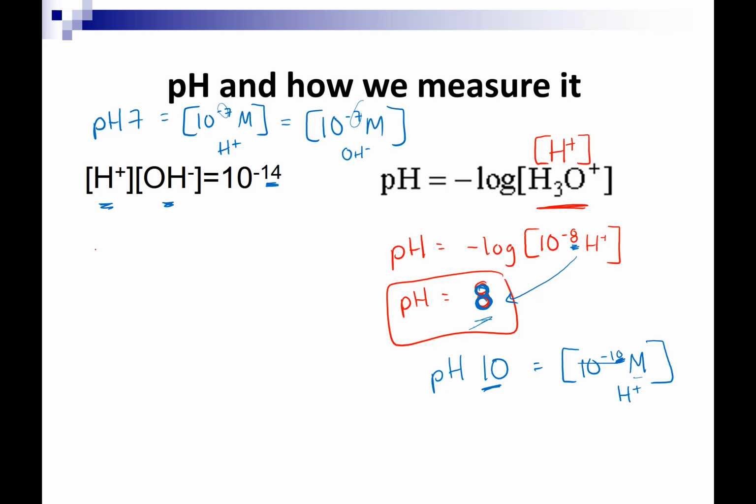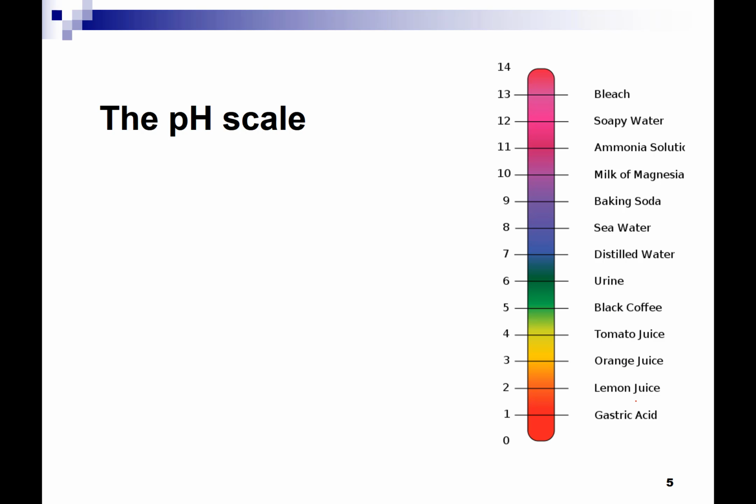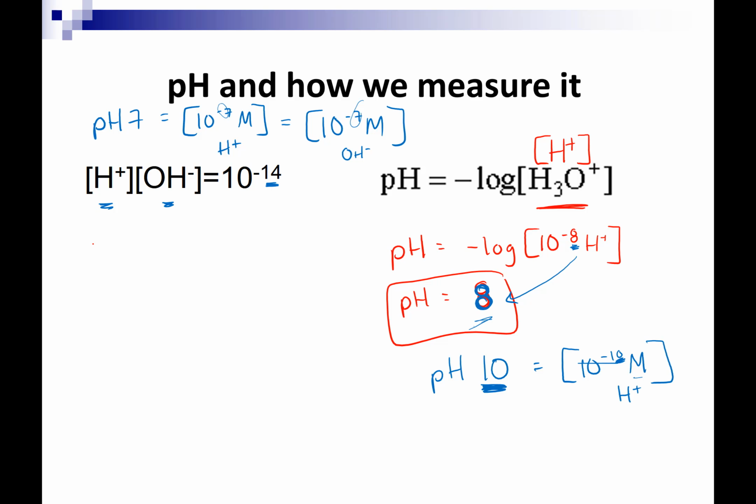So if I have a pH of 10, and I know that my H plus concentration is 10 to the minus 10, what is the hydroxide concentration?